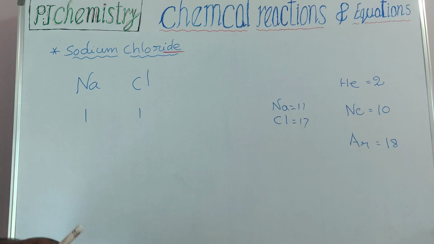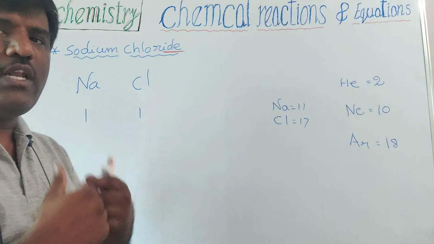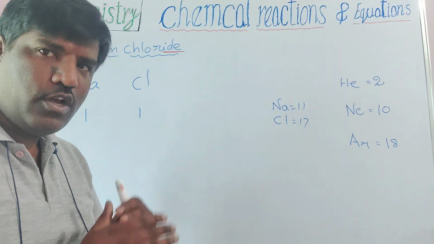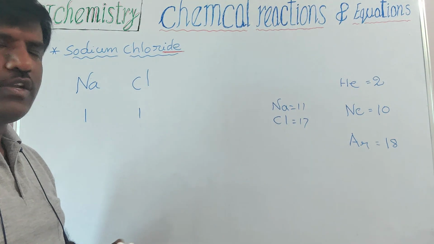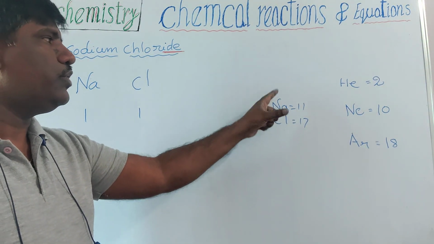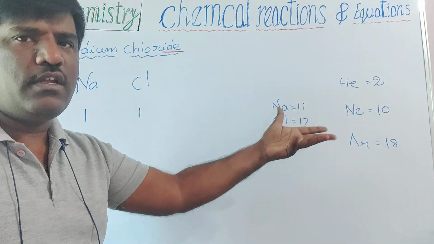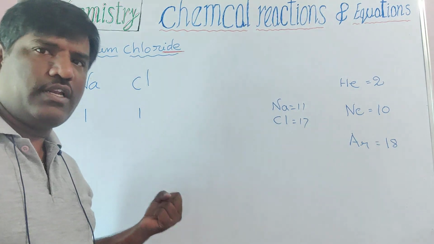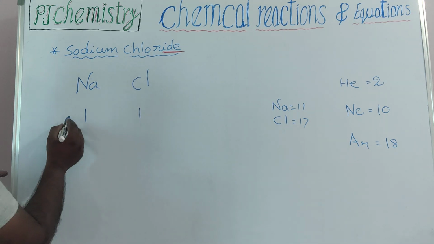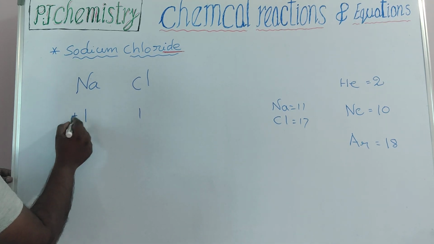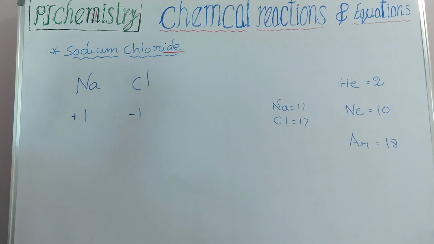To get stability, how many electrons a particular element loses, gains or shares, that we call valency. So sodium loses 1 electron and chlorine gains 1 electron to get stability. At that time, sodium losing means positive charge, gaining means negative charge.